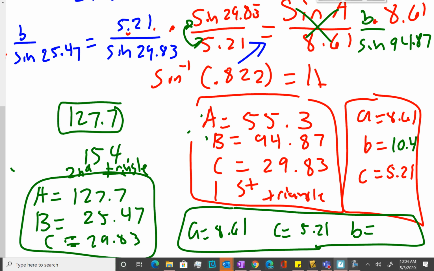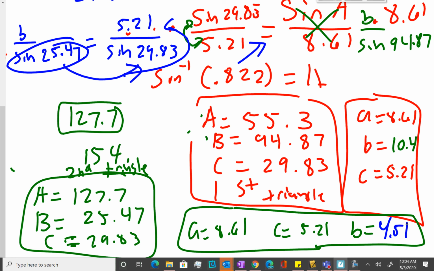So I want to multiply both sides by sine of 25.47. That gets multiplied over on top times the 5.21, and then divide by sine of 29.83. And we get for our second b is 4.51.